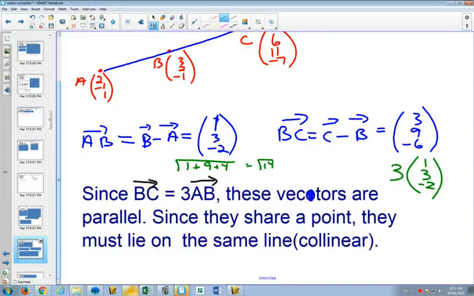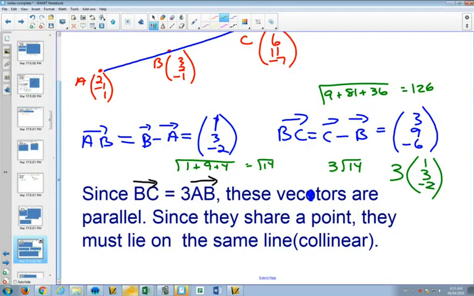And if we would find the distance between B to C, it's going to be, well, because we can factor out that 3, we can do it that way, 3 times root 14. Or we could have done 9 plus 81 plus 36, which is 126, which if you divide that by 9, you get 14 anyways. So it's going to be 3 root 14.